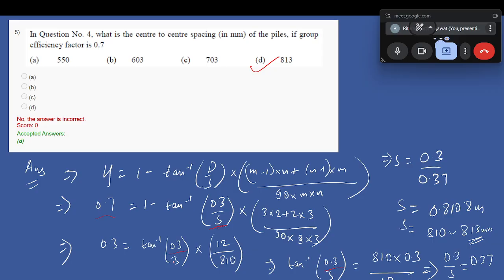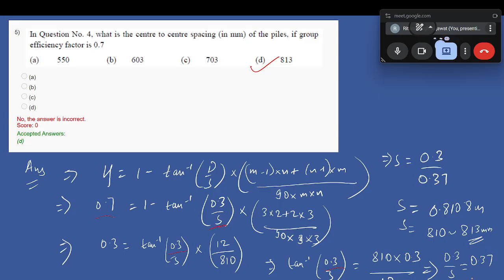So for the calculation of the s, you need to swap the things here and there. First I have multiplied 810 into 0.3 divided by 12. So you'll be remaining on the left hand side with tan inverse 0.3 by s, and this is 810 into 0.3 by 12. I got the value 20.25.